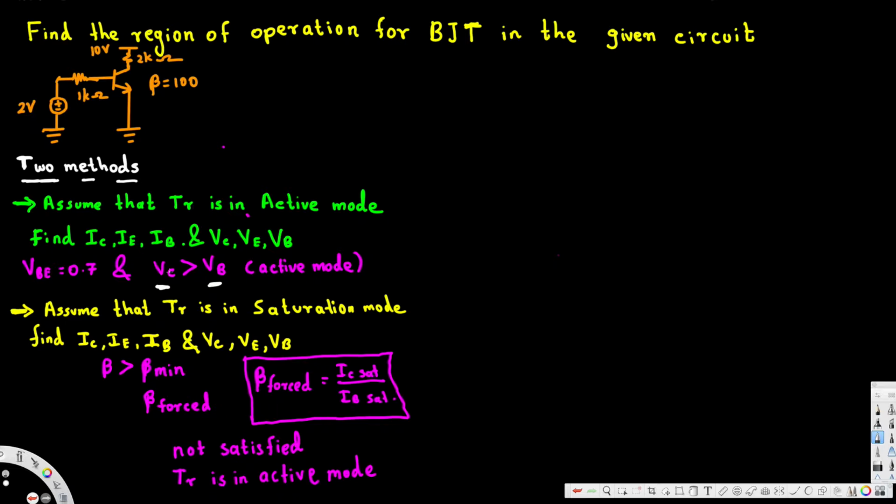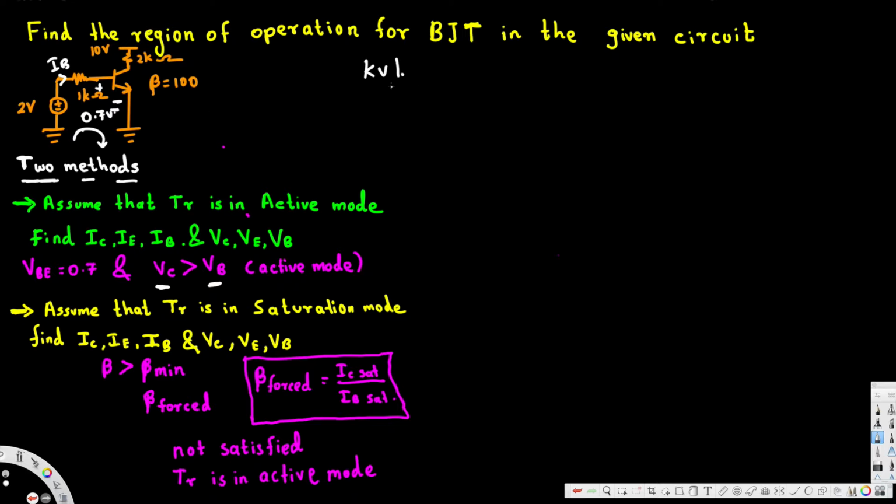If we assume this is in active mode, the voltage drop right here is 0.7 volts, and we use Kirchhoff's voltage law to find the current right here. Since this is the base, we call it IB. So the base-emitter voltage is 0.7 volts, and we have to find IB. Let's apply KVL right here.